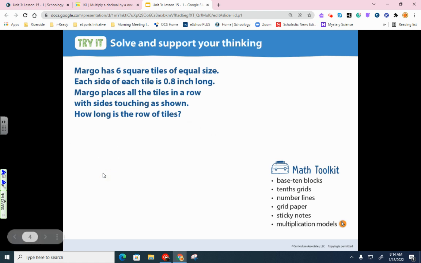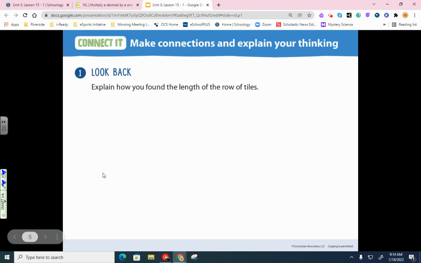All right, turn the page. It says, explain how you found the length of the row tiles. So that's simple. We added up each tile.